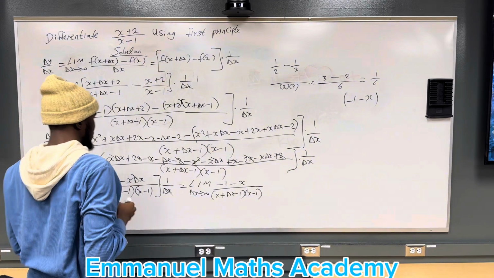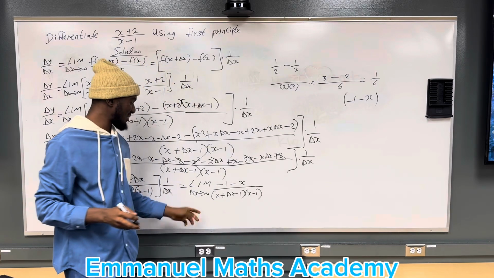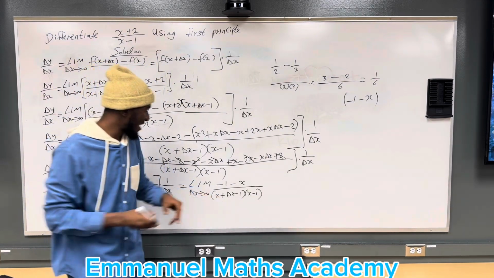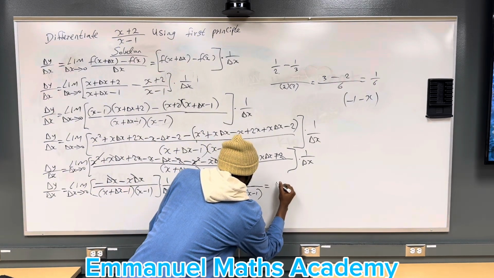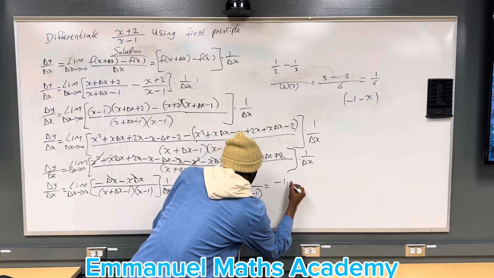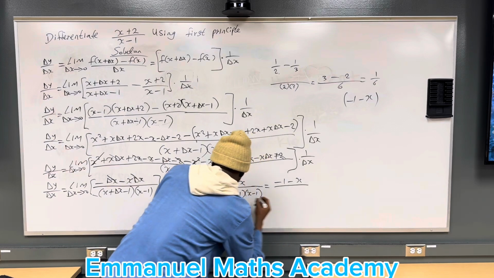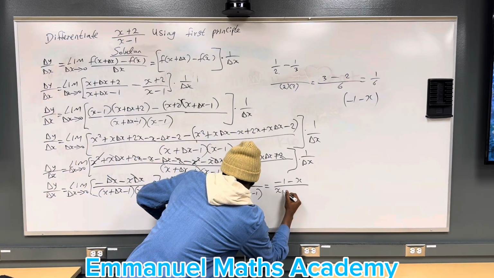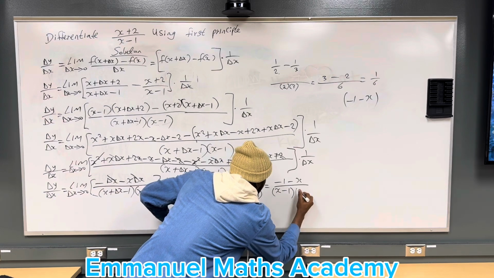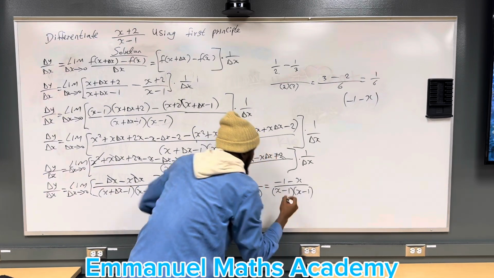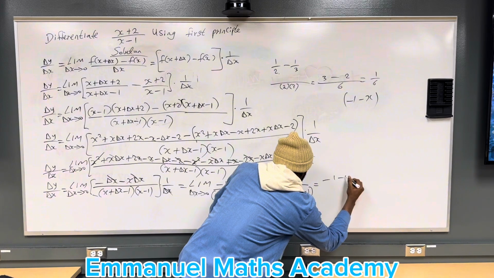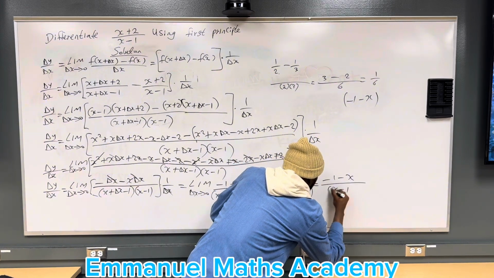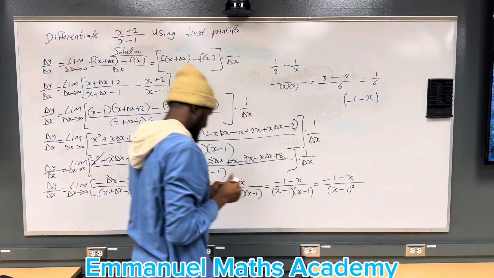Right? So at this point now, as delta x tends to 0, that means you substitute 0 for delta x. You now have what? Minus 1 minus x over x minus 1, x minus 1, which is equal to minus 1 minus x over x minus 1 squared.